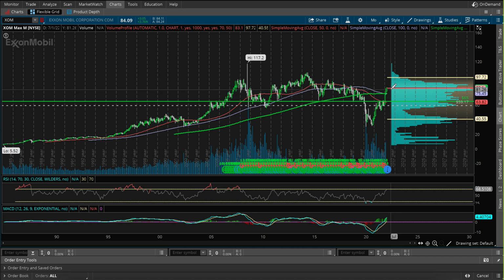Now, what happens with that money depends on what the price action is. The better question is, how much money would you have to lock up for the duration of that option contract?